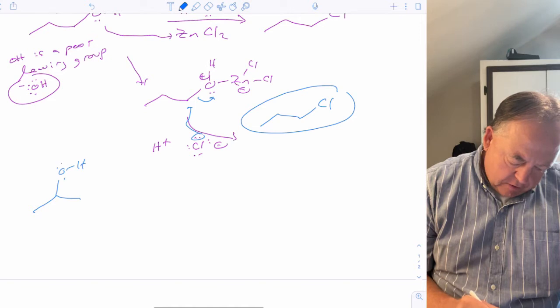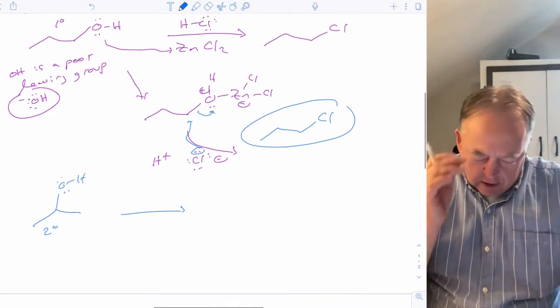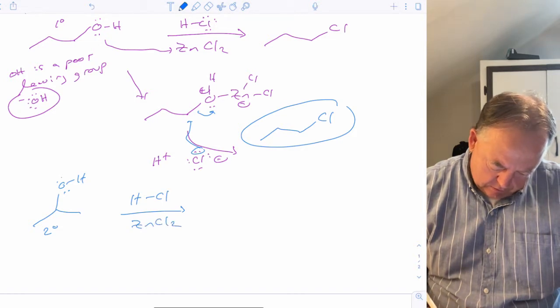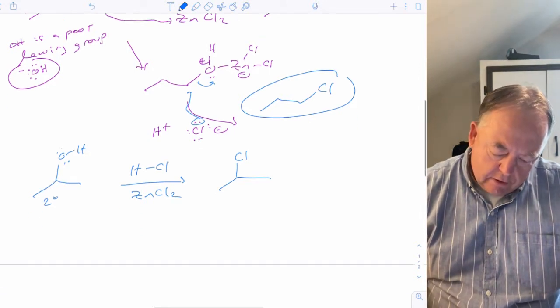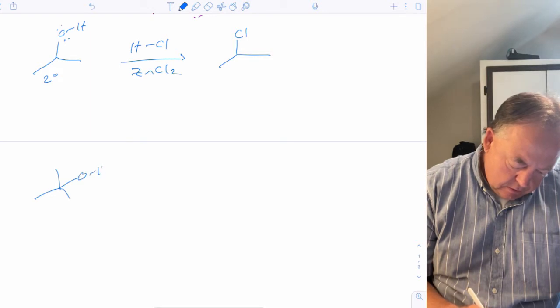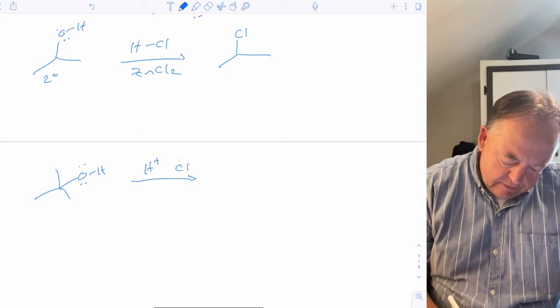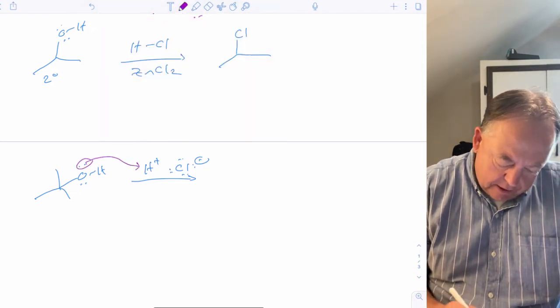If it's a secondary alcohol or tertiary alcohol, you might still use the zinc chloride with the secondary alcohol, but it's not needed with the tertiary alcohol. Okay, so that would convert the alcohol to an alkyl chloride. If it's a tertiary alcohol, then the zinc chloride is not needed, but the mechanism is different now. So what's going to happen is you're going to protonate the alcohol.